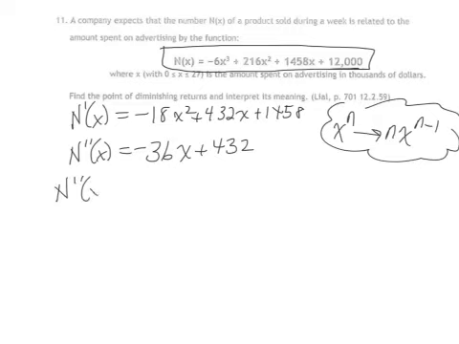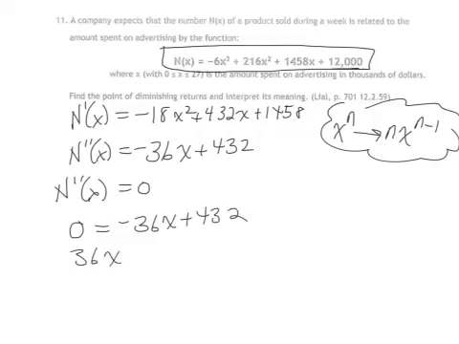So n double prime of x equals 0. So 0 is going to equal negative 36x plus 432. 36x equals 432, and x is going to equal 432 divided by 36, which is 12.